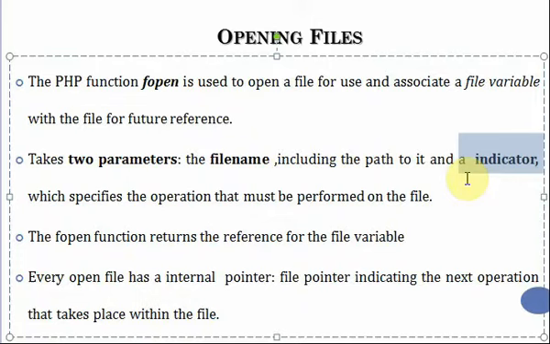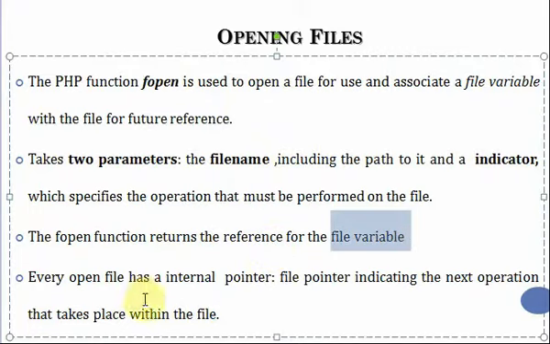The mode indicator can be whether you want to read the contents of the file, perform a write operation, or append. All those are nothing but indicators. The fopen function returns the reference for the file variable, so this value will be stored in a file variable.